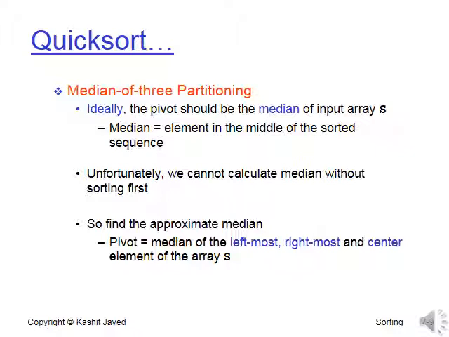So to find the approximate median, we can instead compare just three elements of our subarray: the first, the last, and the middle. By this manner, you can get the median of the leftmost and the rightmost, as well as the middle element of the array S. Thus take the median value of these three as the pivot.